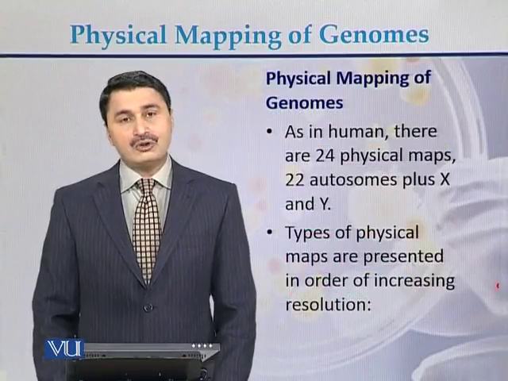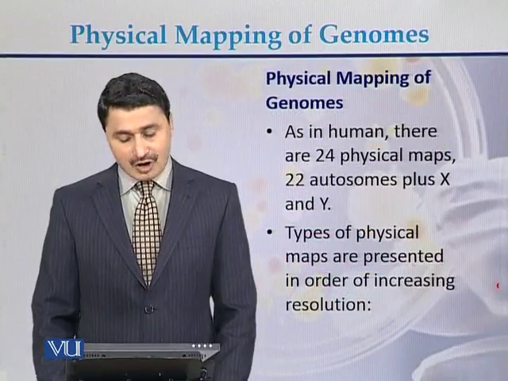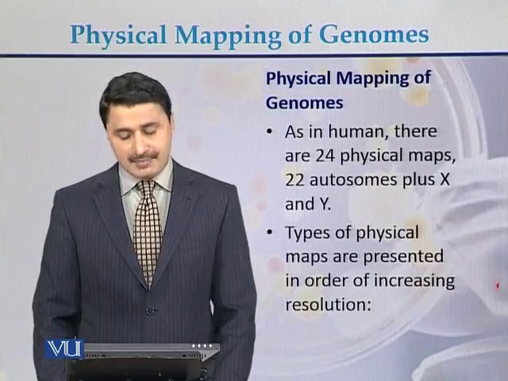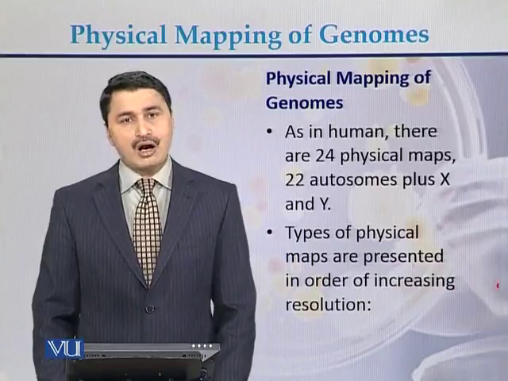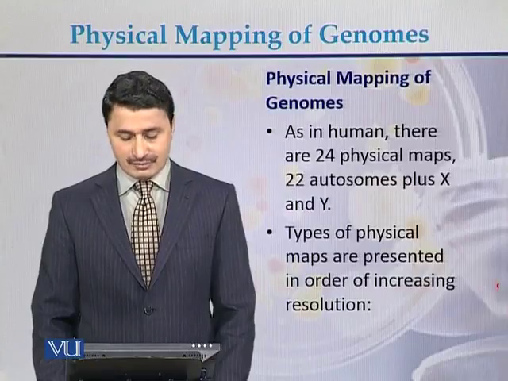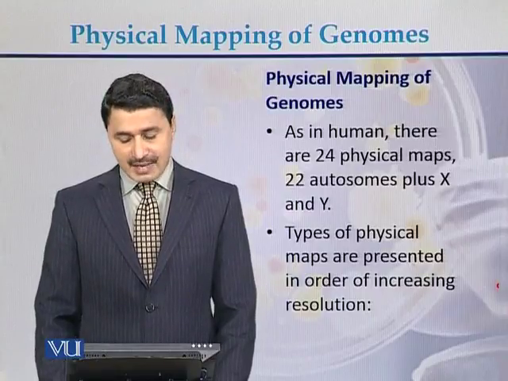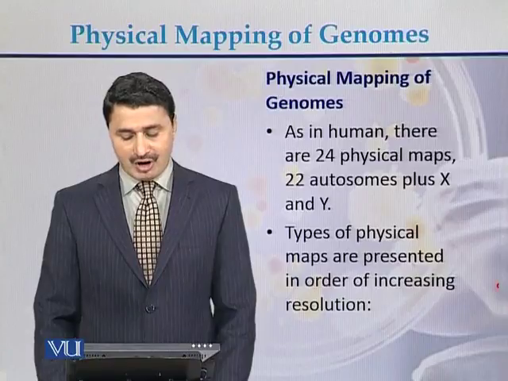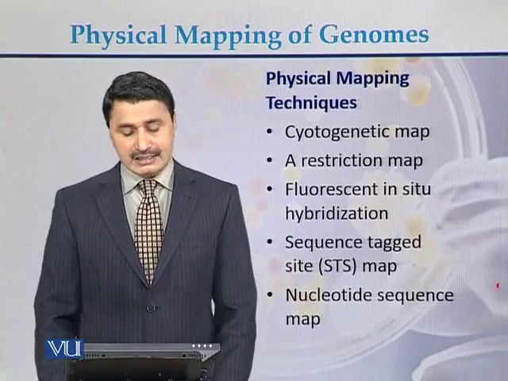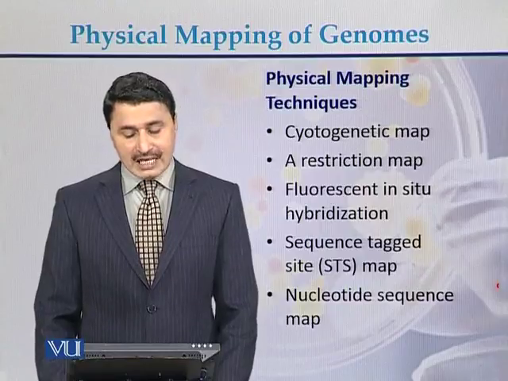An example of physical mapping of genomes is the case of humans. In humans, there are 24 physical maps: 22 of the autosomes, one physical map of the X chromosome and another of the Y chromosome. The types of physical maps are presented in order of increasing resolution.